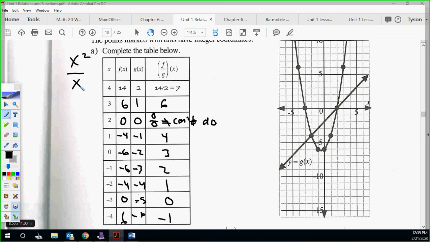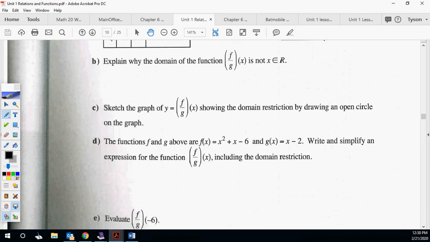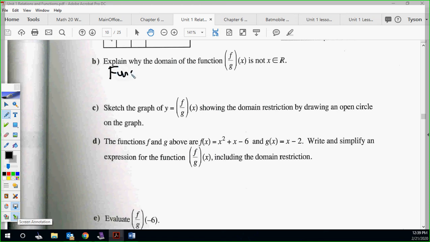Okay, so then the questions on the bottom here. Explain why the domain of f over g cannot be x in the reals. So why can our domain not be all reals? Because of this spot here. Because it has an undefined value. So we can't have x equals 2. So we'll write that down here. Function not defined at x equals 2.